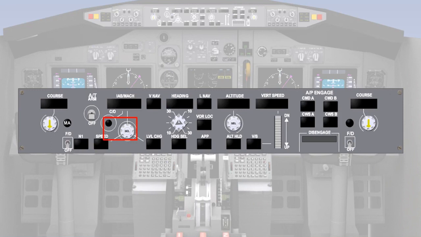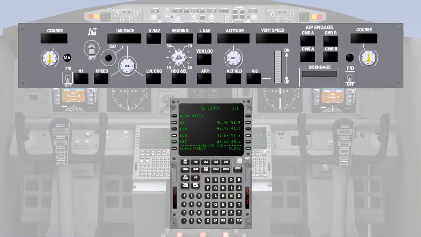The speed value can either be supplied from the mode control panel, referred to as MCP speed, or the flight management system, referred to as FMC speed, which also provides the autothrottle system with N1 or engine pressure ratio limits.